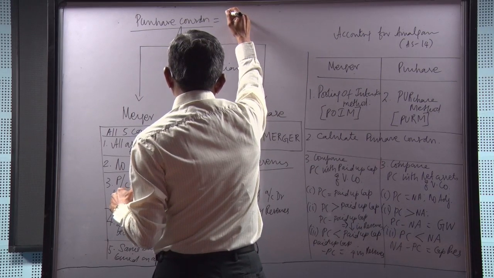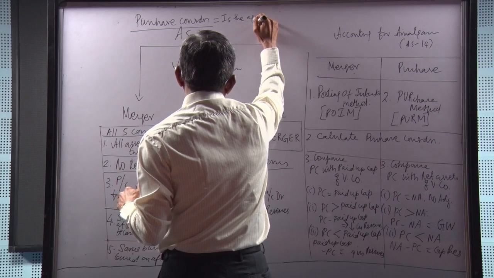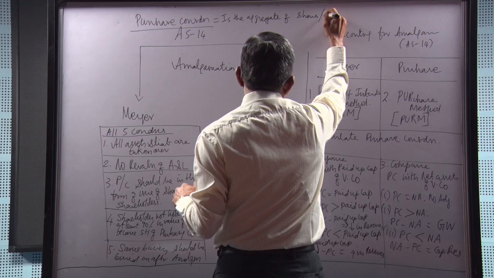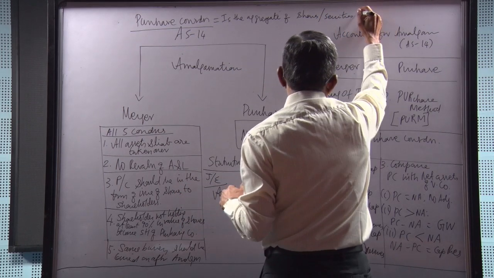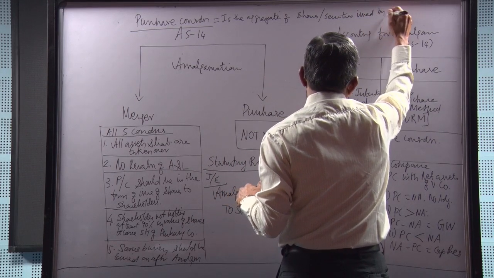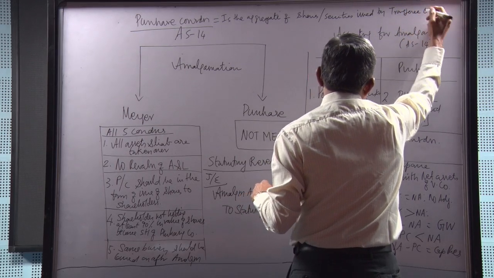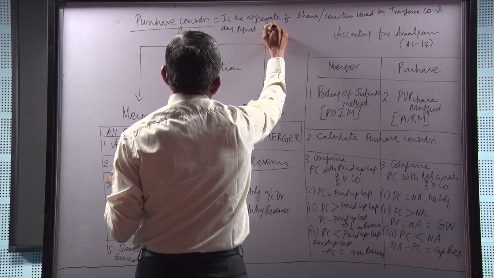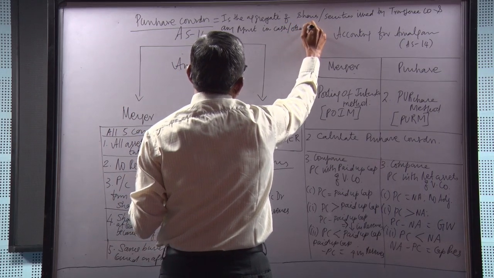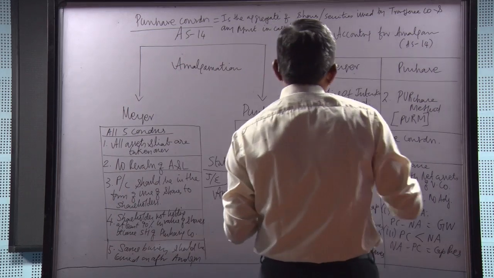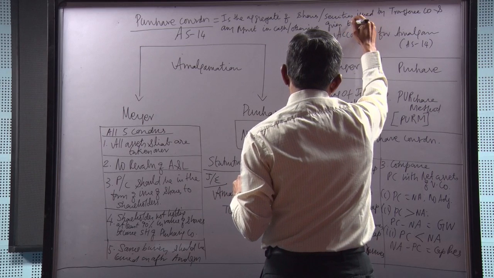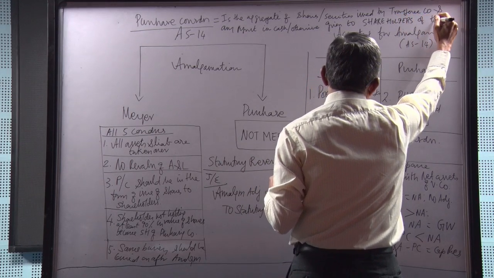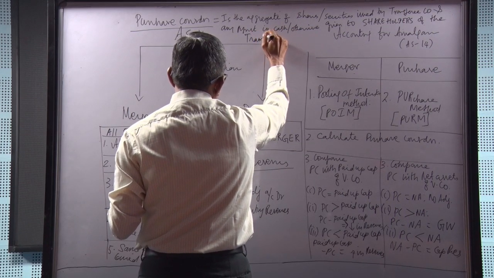AS 14 tells you purchase consideration is the aggregate of shares or any securities issued by the transferee company and any payment in cash or otherwise given to the shareholders of the transferor company.